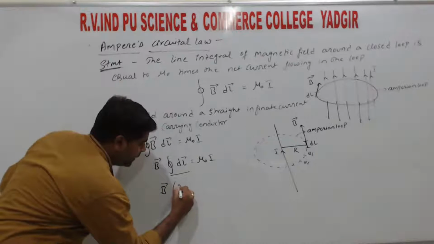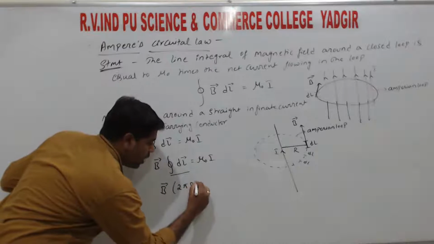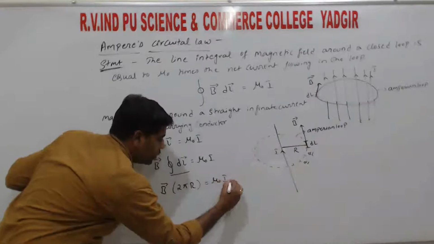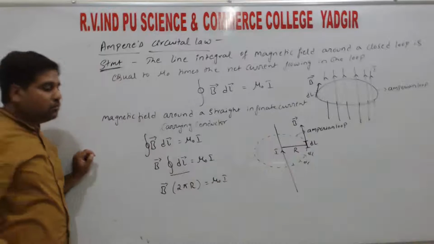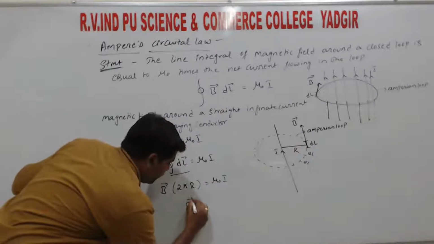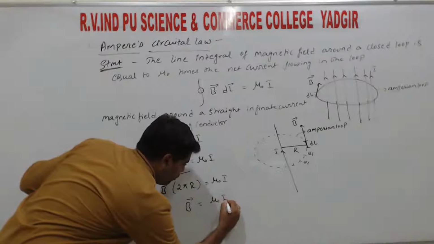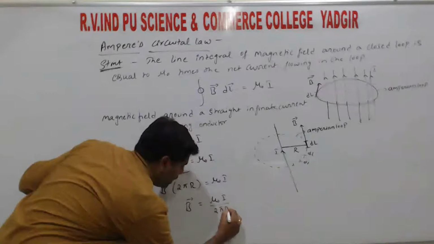So B into 2 pi r is equal to mu naught I. So we get the magnetic field B equal to mu naught I by 2 pi r.